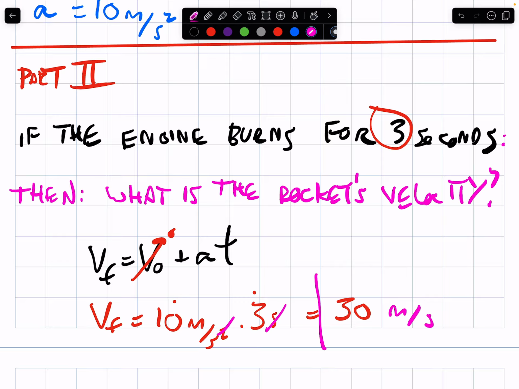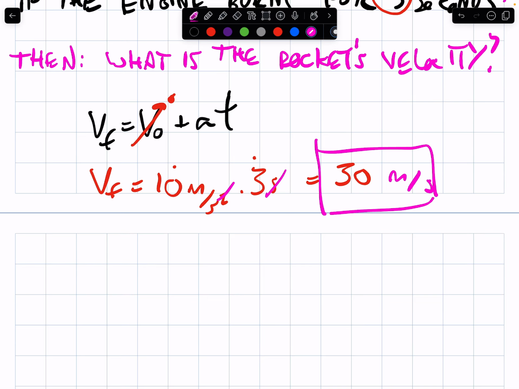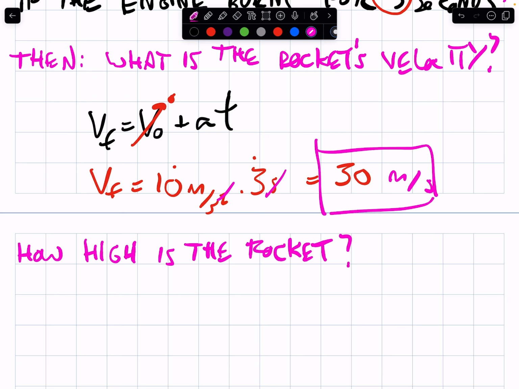So that's how fast that thing is going after 3 seconds when the engine burns out. Next part. How high is the rocket? Oh, yikes. How high does that rocket go? What distance above the ground is that rocket?